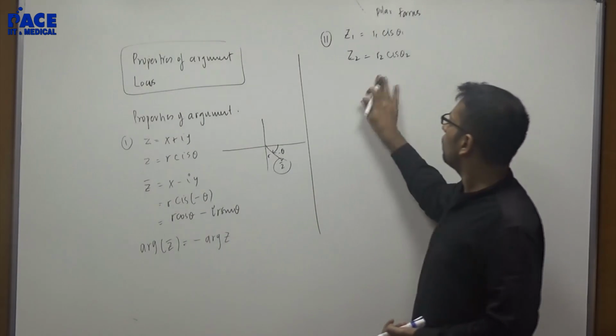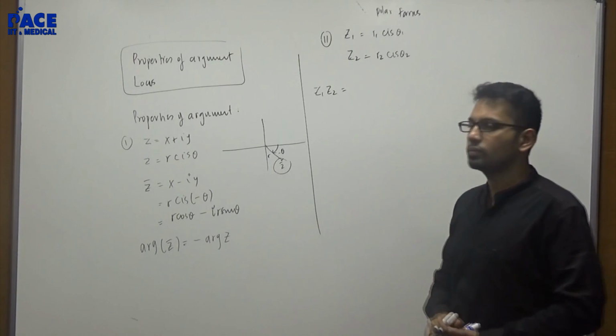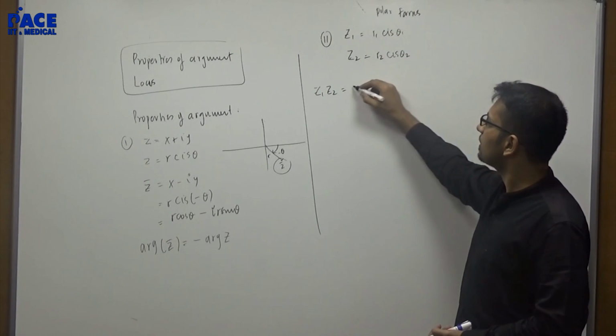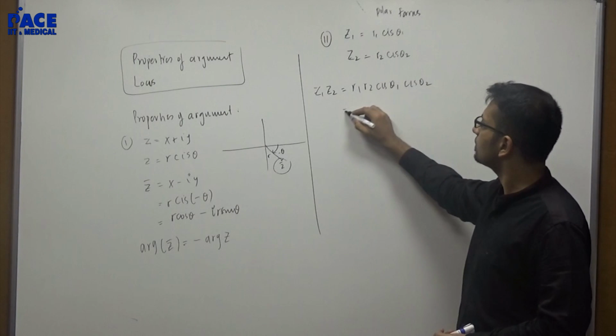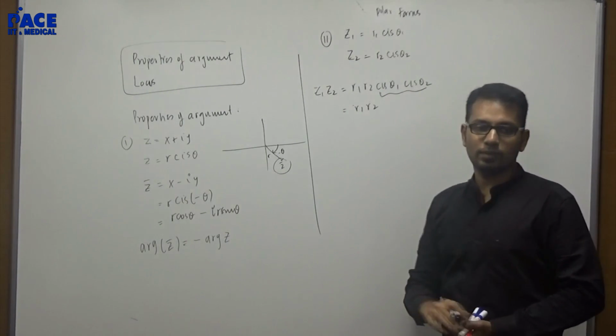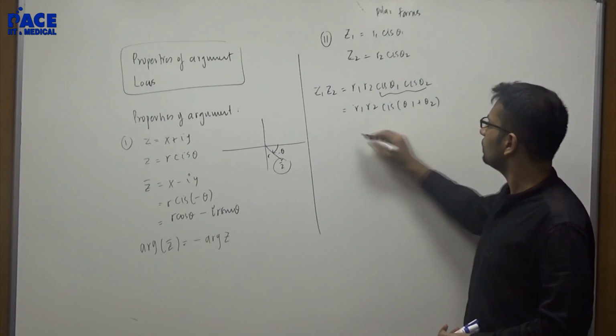Now, what happens if I multiply these two? Multiply कर दिया तो क्या हो जाएगा? This is r1 into r2 into cis θ1 into cis θ2. What is cis θ1 into cis θ2? Yes, so you have seen this before. Cis of θ1 plus θ2.